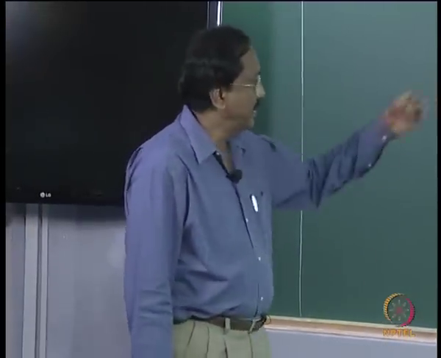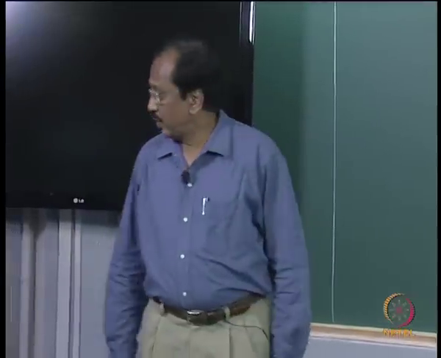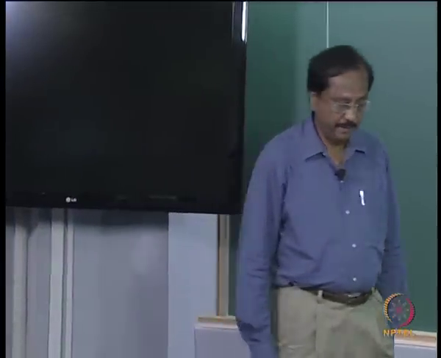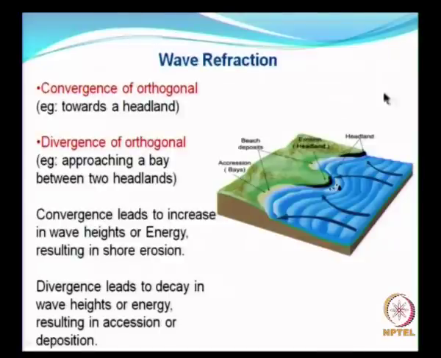For instance, if you draw a refraction diagram, a simple explanation is here. Whenever you have the convergence of the orthogonals, that means the energy is getting converged and concentrated.